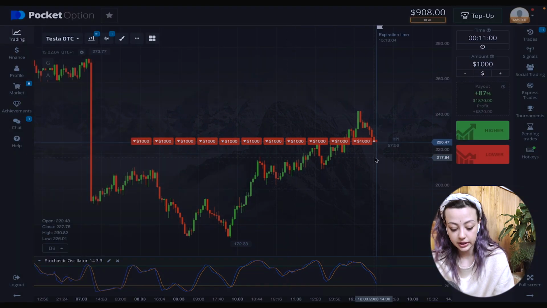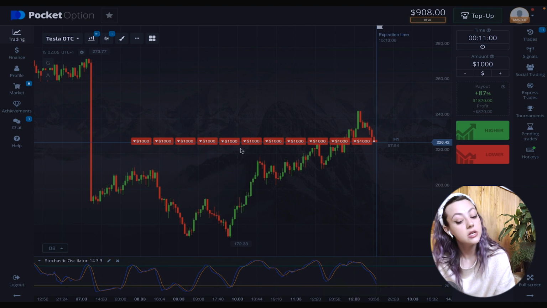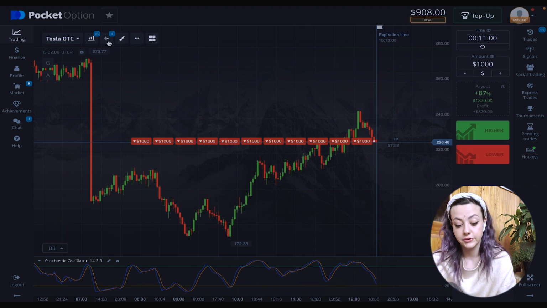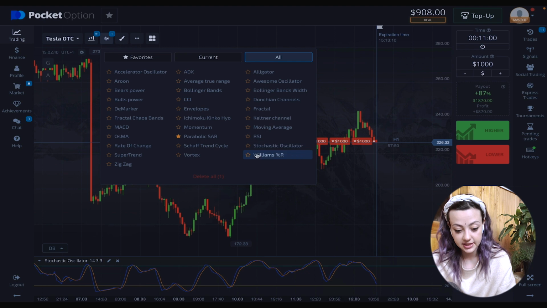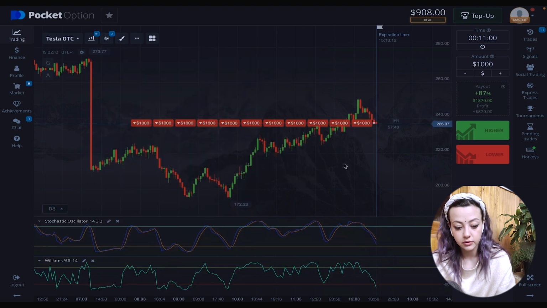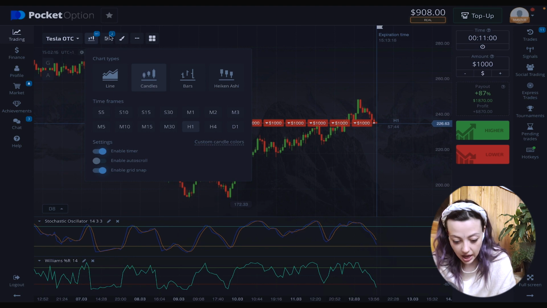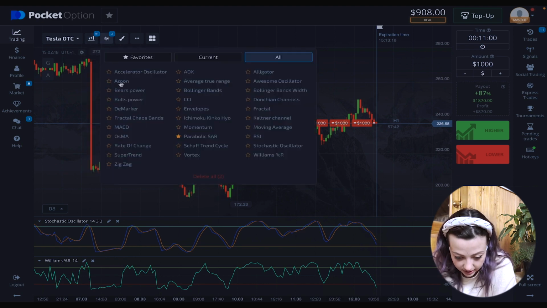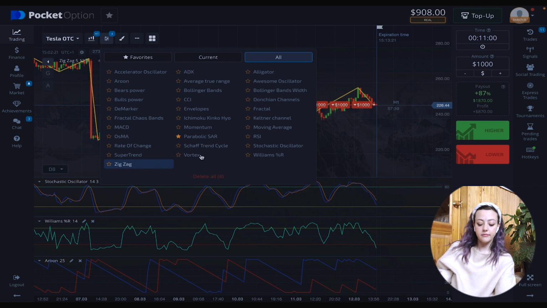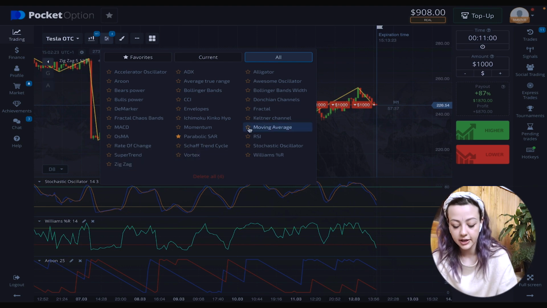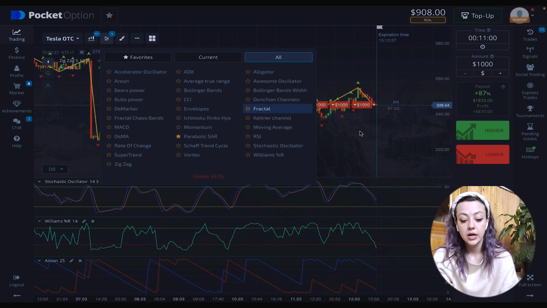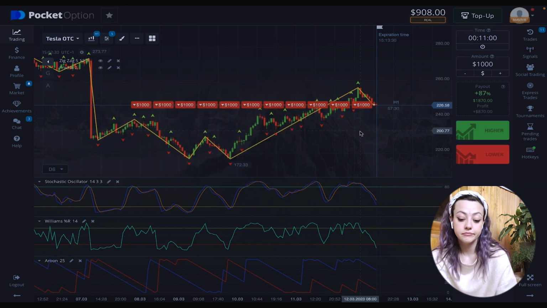Also, we have Williams percentage. It also shows the general tendency. We also used Aroon, zigzag, and fractal. It also shows right on the graph the up and down peak points.